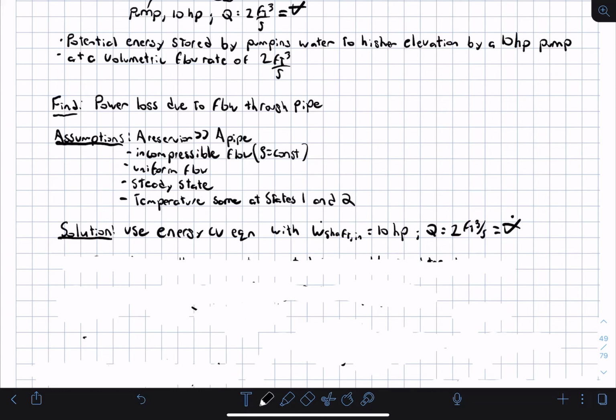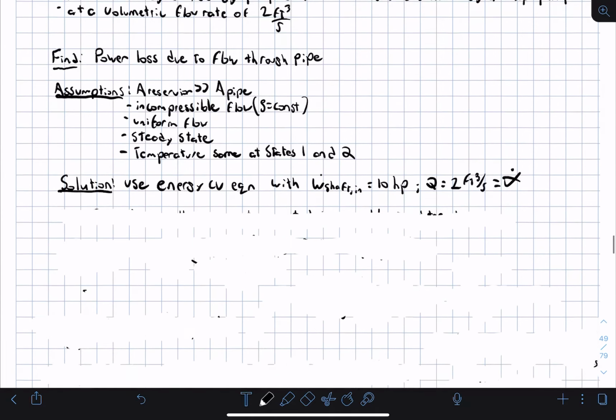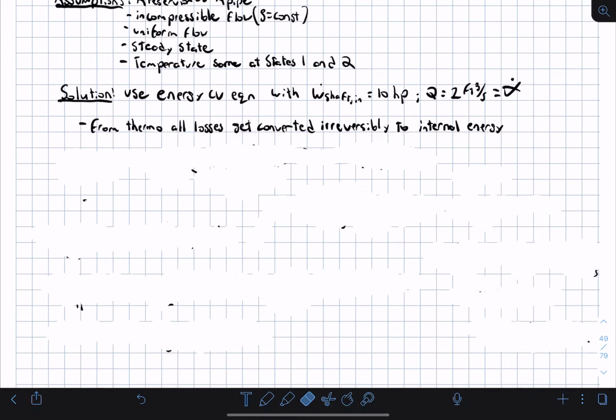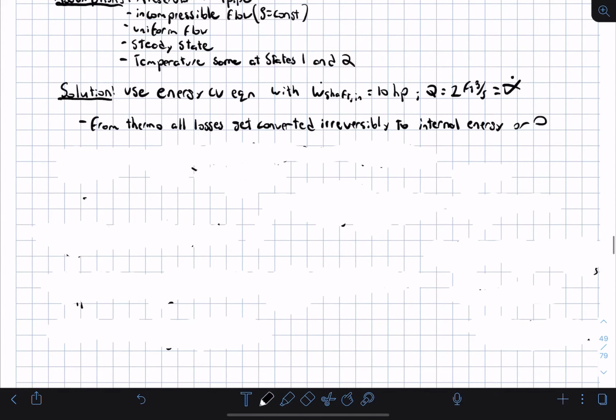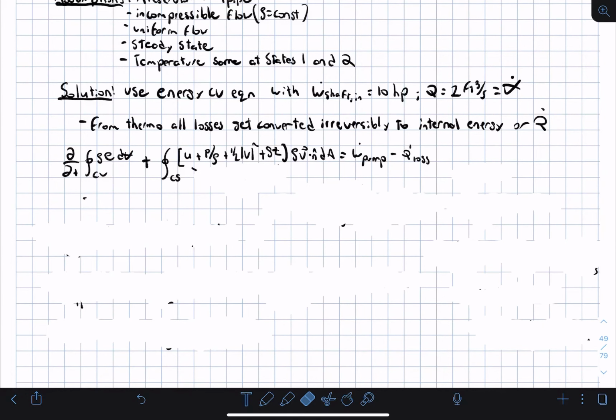Okay, so first we will work with the energy equation itself, and then I'll draw a control volume. So first, from thermo, we are assuming that all losses get converted irreversibly to either internal energy, or in this case, Q dot. Okay, so here is our first law.